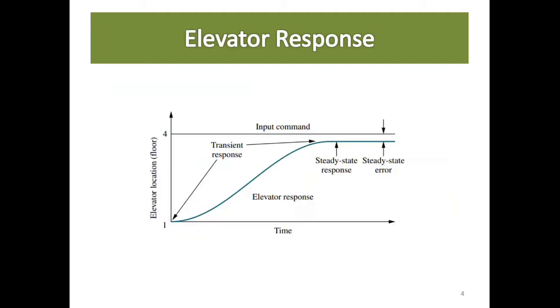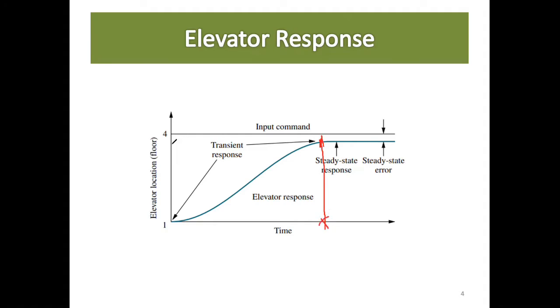And here the response curve is given, showing how it changes. If you look here, as the time increases, the elevator moves from the first floor to the 4th floor. At that time, it is at the 4th floor.